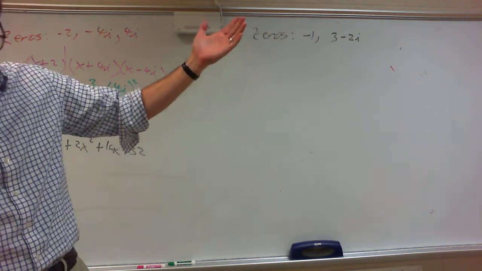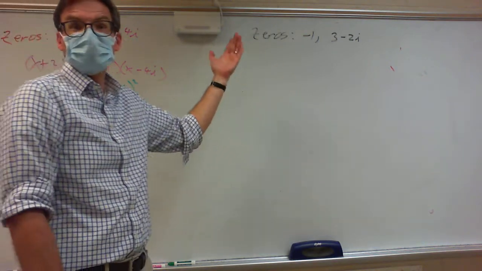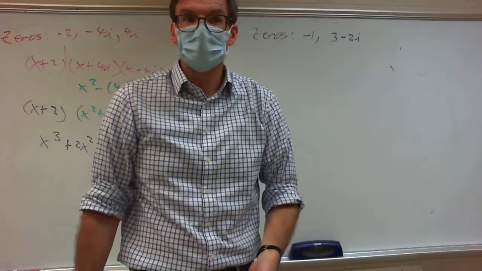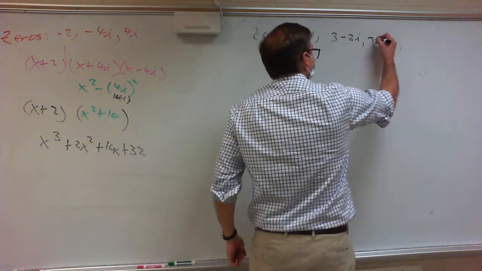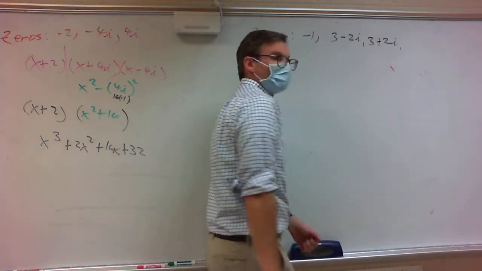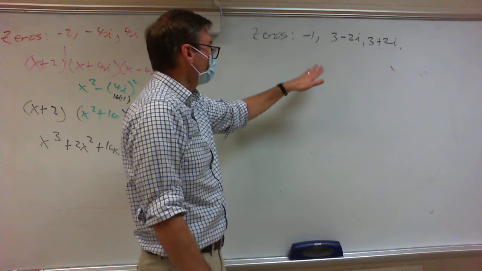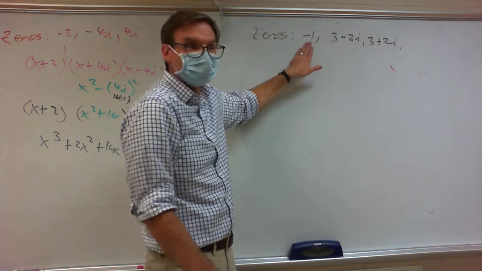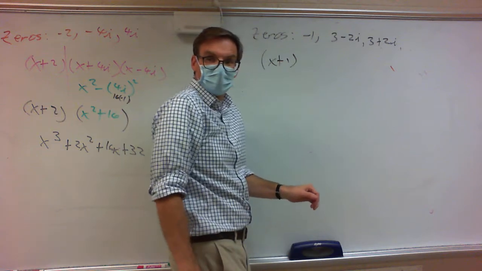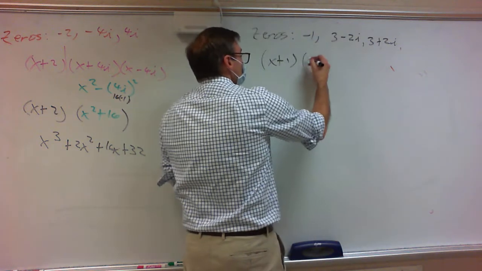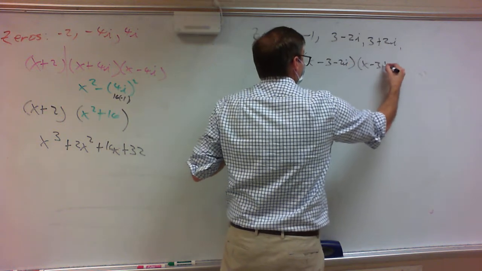Well, if 3 minus 2i is a zero, what else is a zero? 3 plus 2i, right? Because they come in pairs. And as far as writing our factors, if -1 is a zero, then I'll get x plus 1 as a factor. And if these two are zeros, then I end up with x minus 3 minus 2i, then x minus 3 plus 2i.